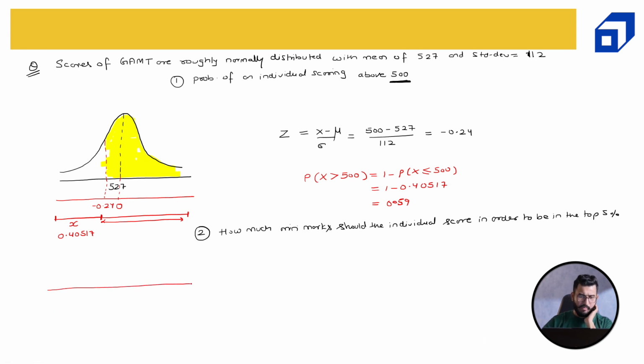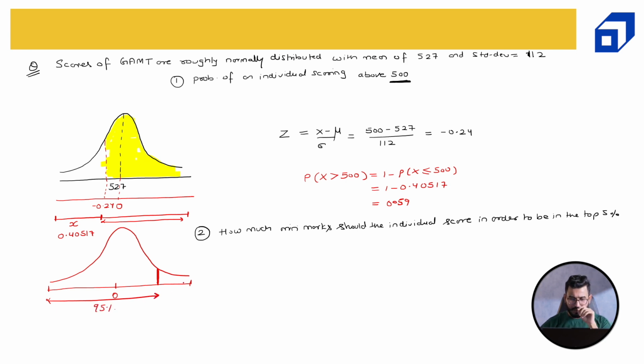distribution. Top 5%. If this is my middle value, top 5% means below me or below that point 95% data is there. So if I draw the normal distribution, let's say this is the point which I want to find out, and below this point I'm having 95% of my data, right?